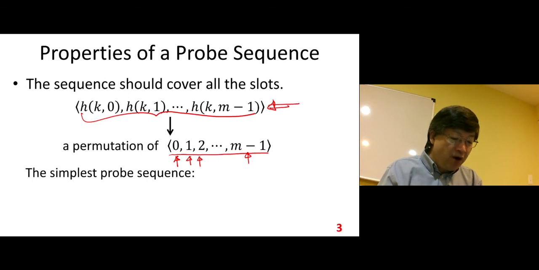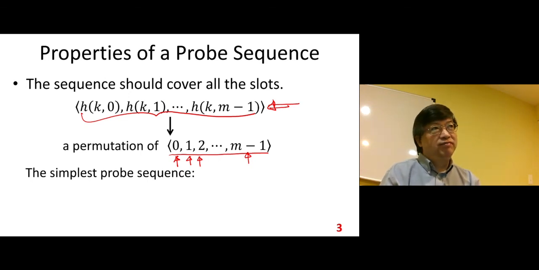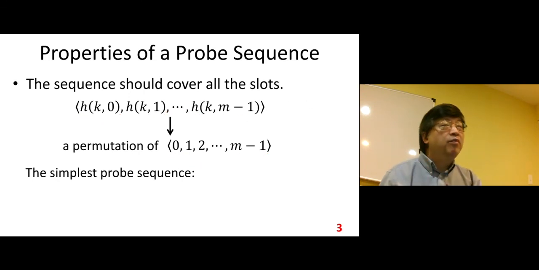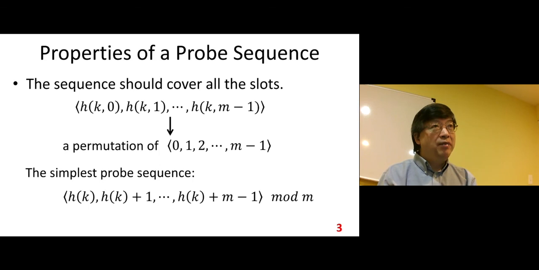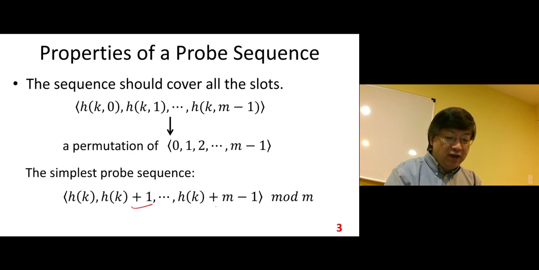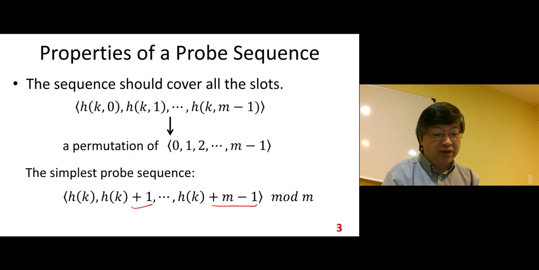The simplest probe sequence. You may ask how hard it is to get this property for a probe sequence. Not very hard. There is a simple way to get that. You use this way: the next try you plus 1, plus 2, then the last try you plus m minus 1.